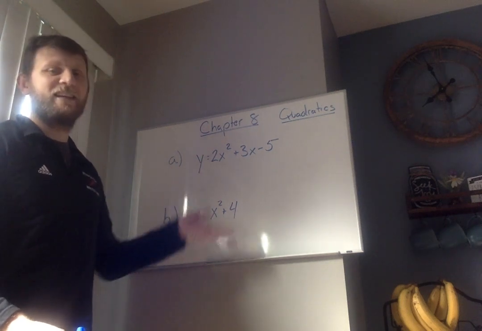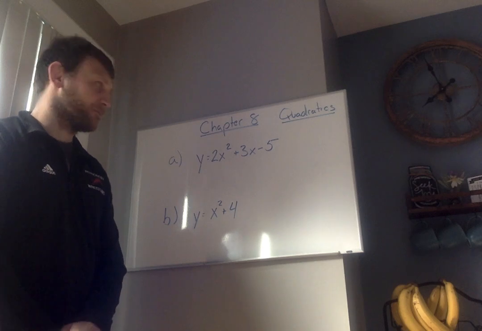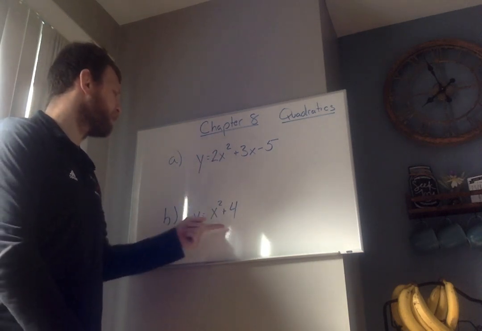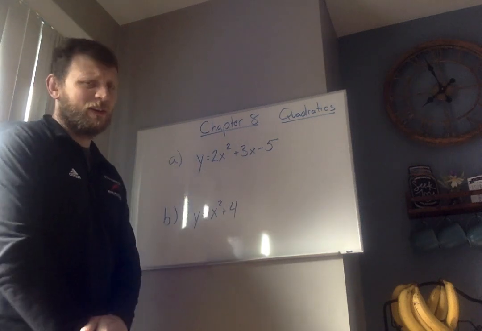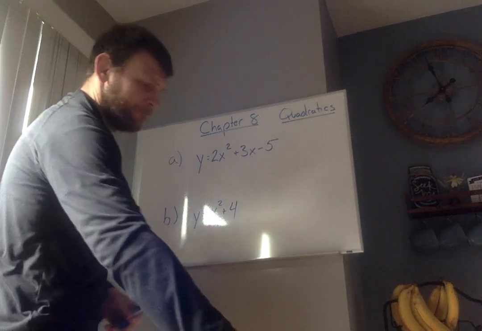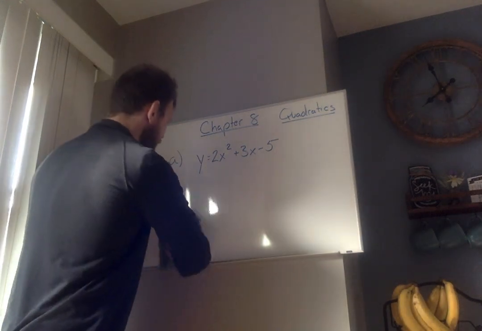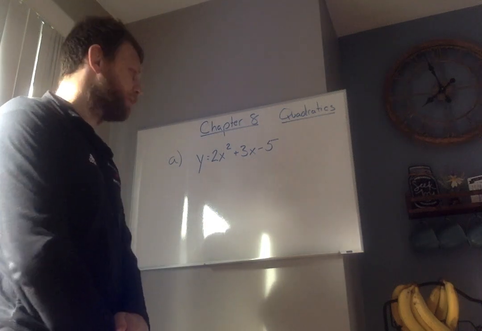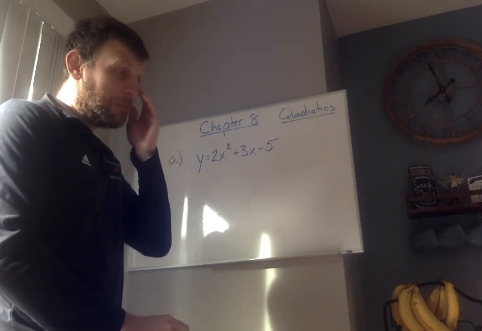So they are very different. This is y equals 2x squared plus 3x minus 5, and this is y equals x squared plus 4. I would solve these in 2 very different ways. First one. Let me get rid of B. What do I do? Where do I go?